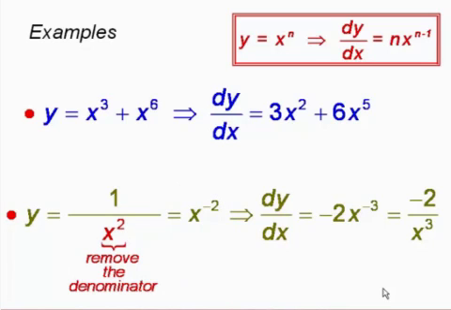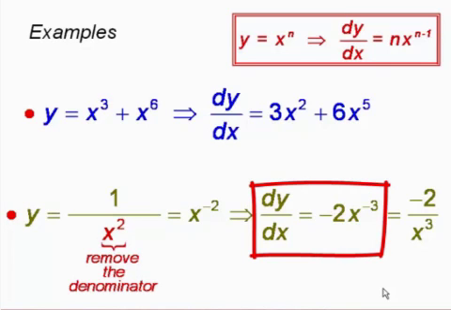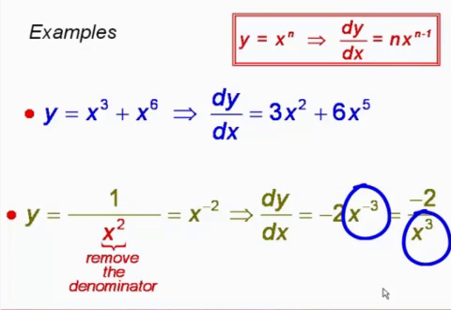Now we have a negative index, and when we differentiate that, n is now negative 2. So the derivative dy/dx is negative 2x to the negative 3, because n minus 1 is minus 2 minus 1. Notice we finally revert back to the fraction, because x to the minus 3 is minus 2 over x cubed.